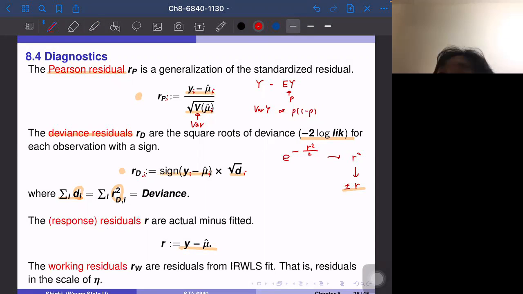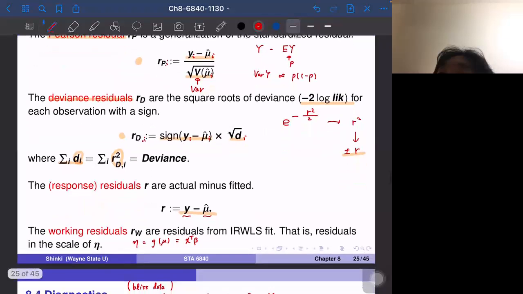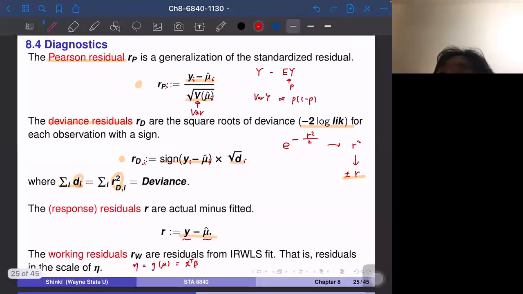That is the residual on the scale of eta, where eta is equal to the link function g of mu. In general, if we think about everything on the scale of eta, it's easier to see, because mu hat is a highly nonlinear function of x and beta. But the working residuals are not used in this section.